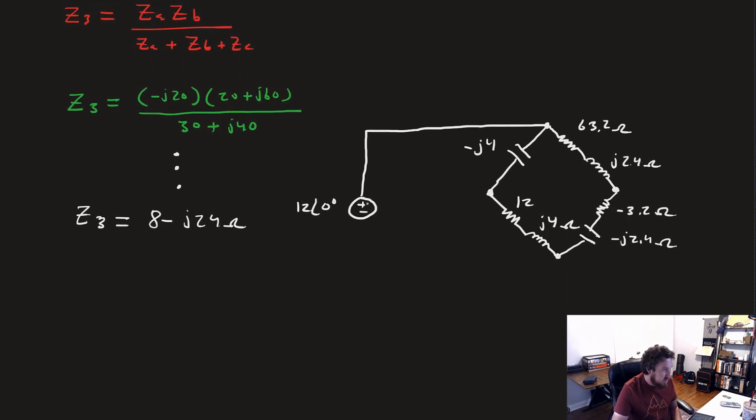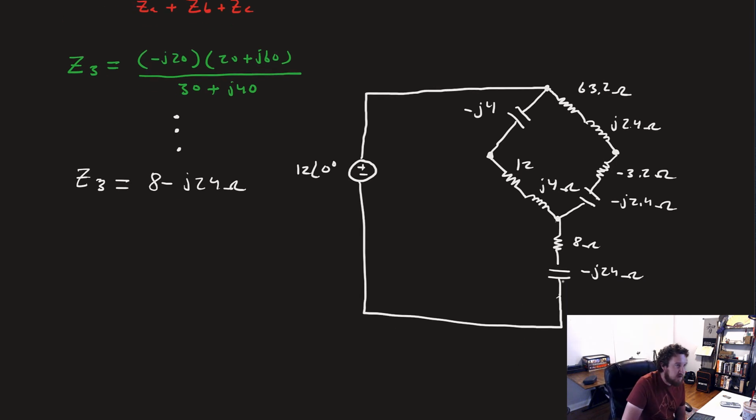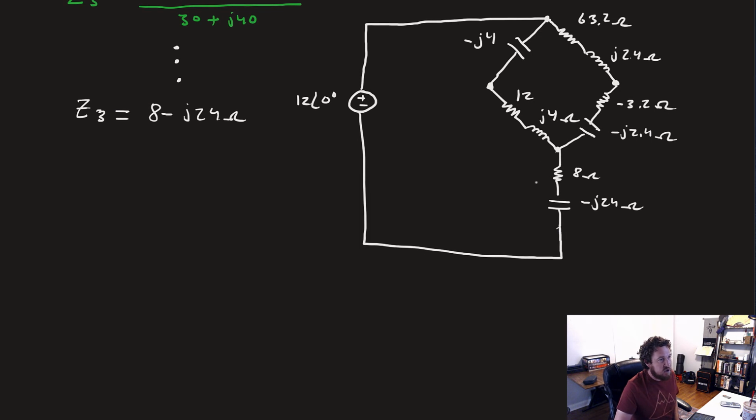And then down here connected in series, we'll have Z3, which was 8 minus J24, so it would be a resistor that was 8 ohms connected to a capacitor that is minus J24 ohms. We'll connect the whole thing around. Notice that our transformation also includes transforming what the actual components are. I think that's pretty cool. So what I want to do now is take this circuit, and we're ready to do our regular series-parallel impedances. So I'm going to draw a weird version of it.